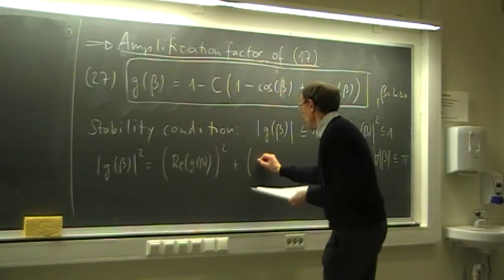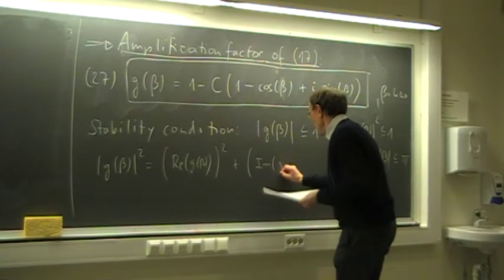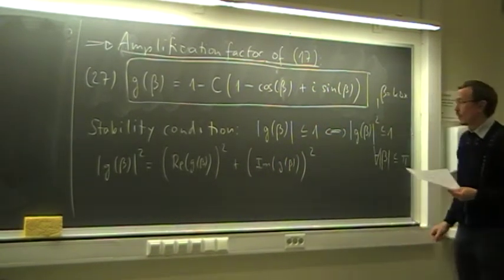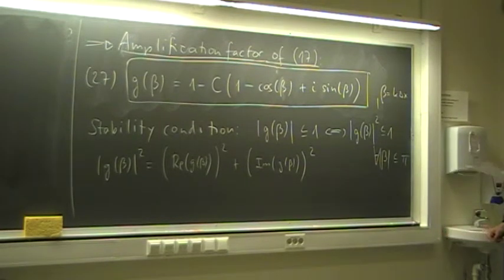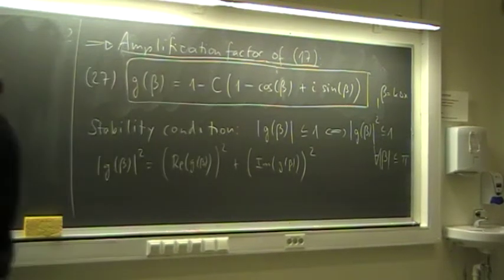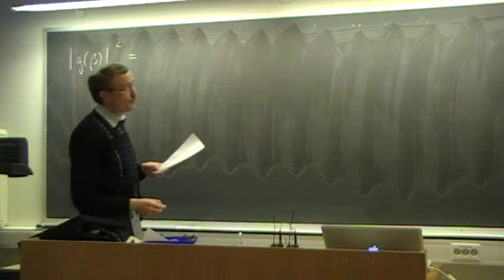Plus the imaginary part of g of beta squared. And then let us look at what the real part is. Well, I will need a little bit more space in here. So the absolute value of the amplification factor squared is equal to the real part squared.